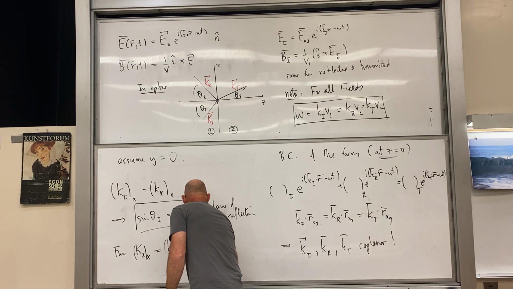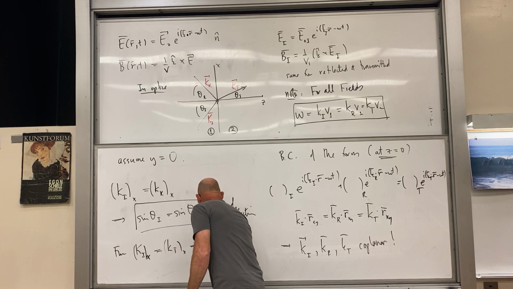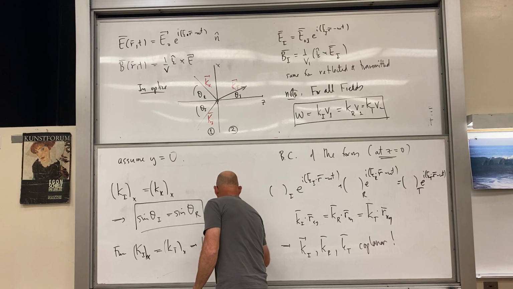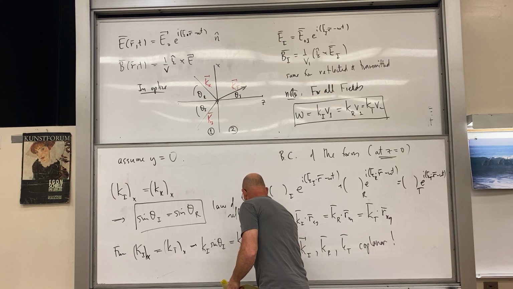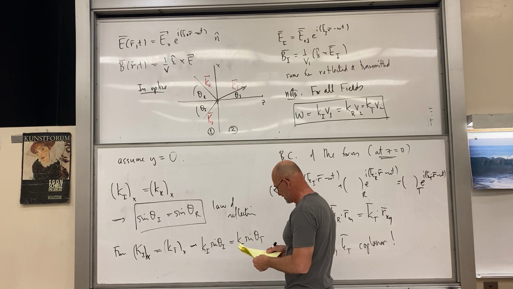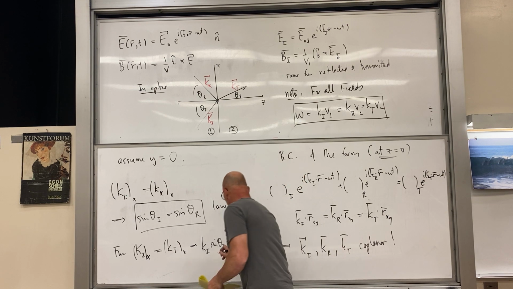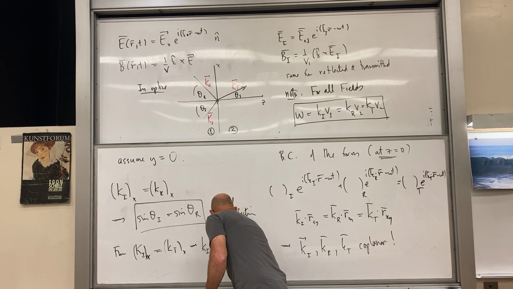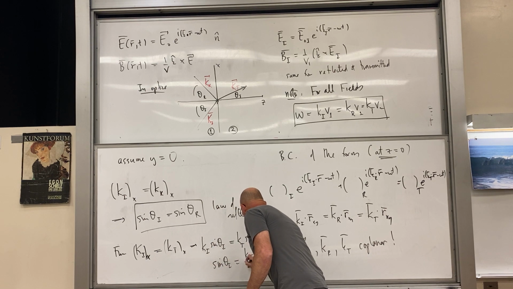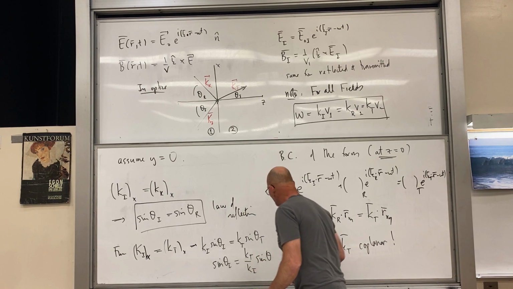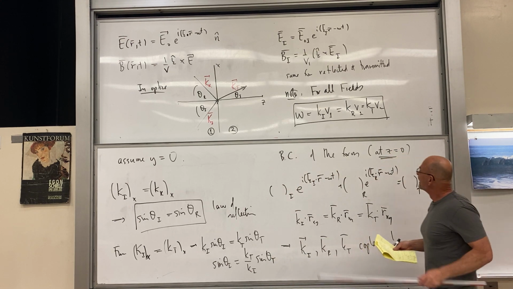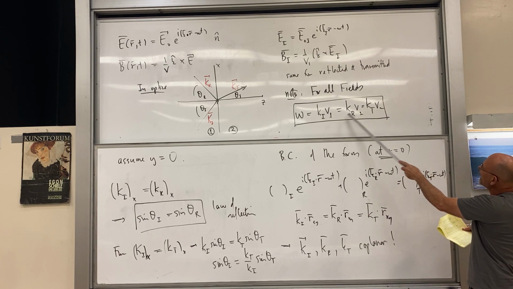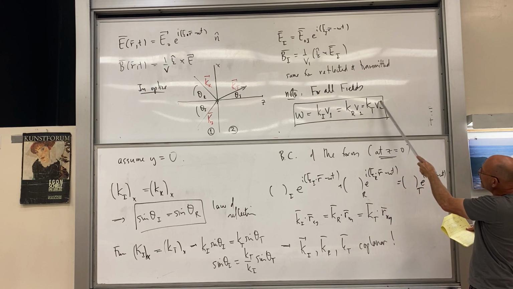So now we get k incident sine theta incident equals k transmitted sine theta transmitted. And I can go ahead and divide, so k transmitted over k incident is just equal to v1 over v2.